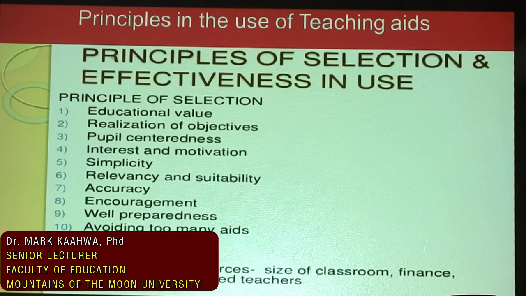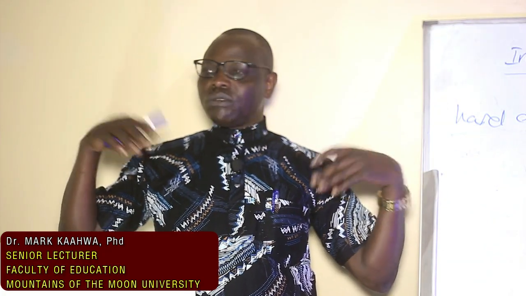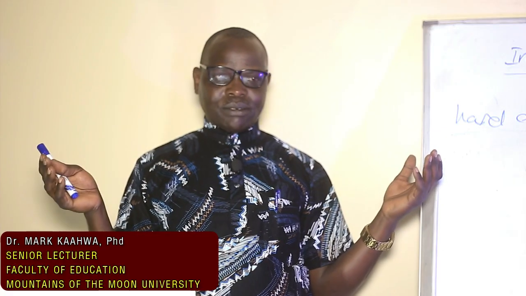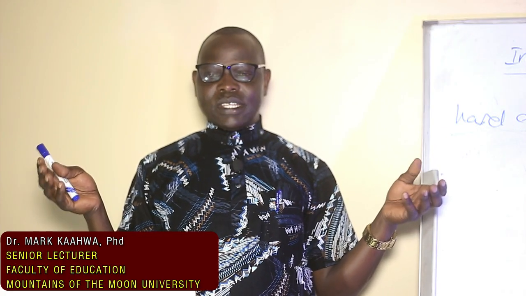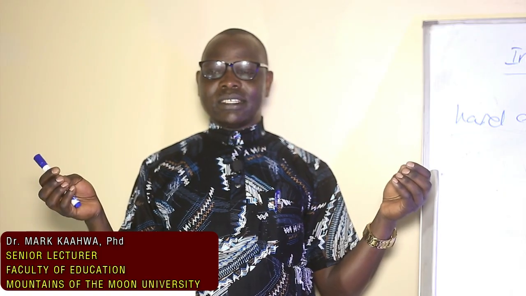What are the principles? We want to begin with these principles. Now, these principles help in the selection and use of these teaching aids. The first one we are looking at is the educational value. So you don't just pick any teaching aid you find in the environment to bring to a classroom. The first question is, of what educational value is that teaching aid?